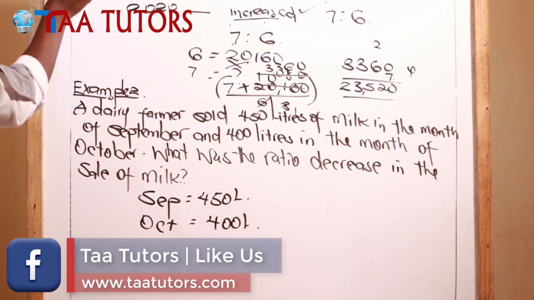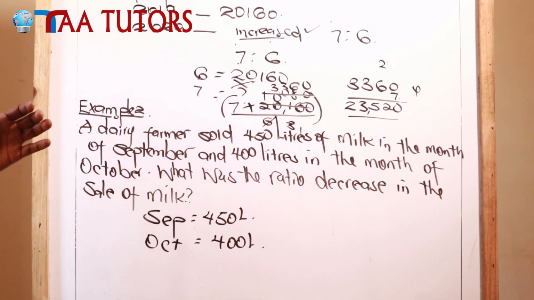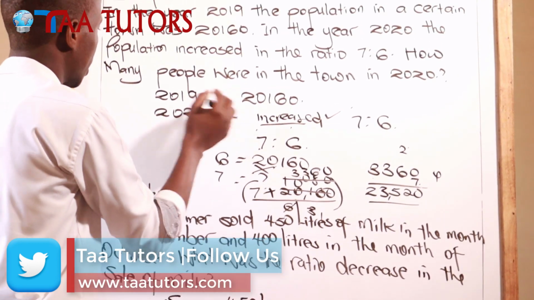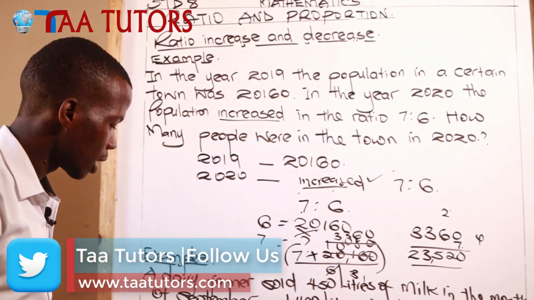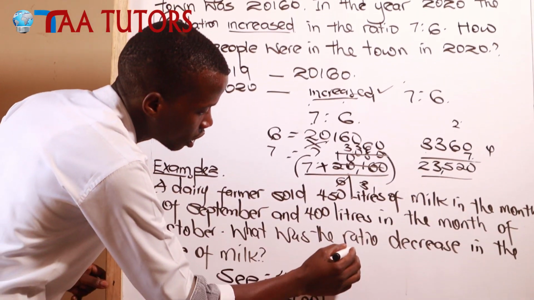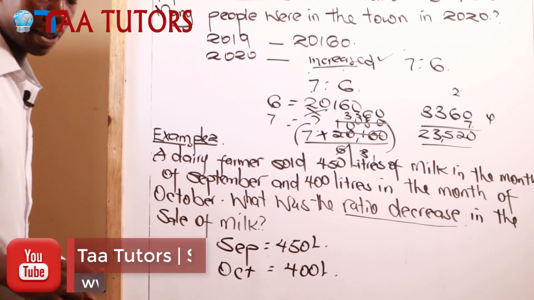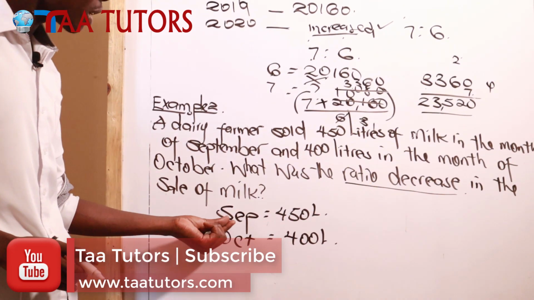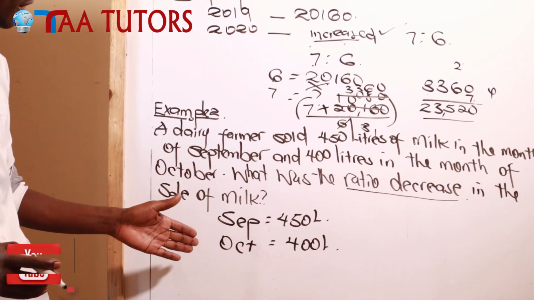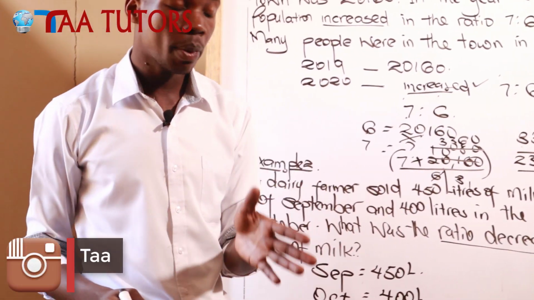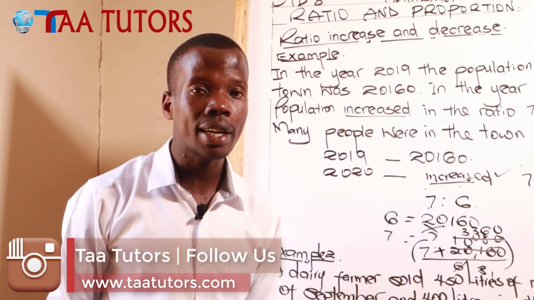Now here, when you look at the first example, we were talking about the ratio increase. But in this one, we are talking about ratio decrease. In September, this person sold 450 liters of milk. Then in October, this person sold 400 liters.